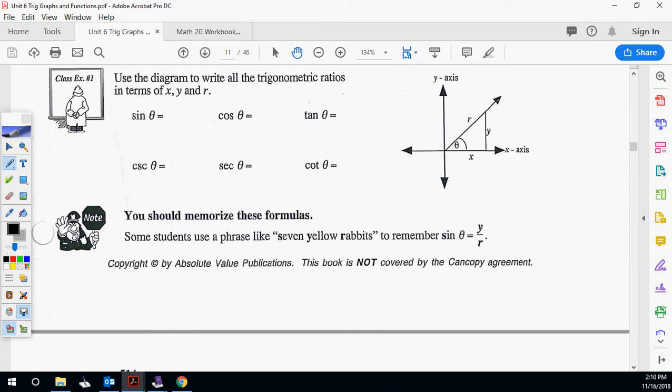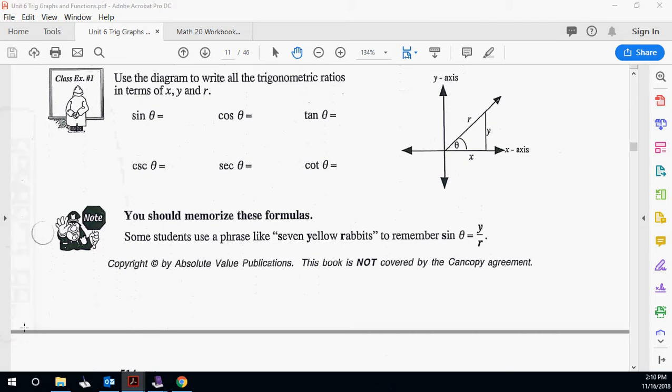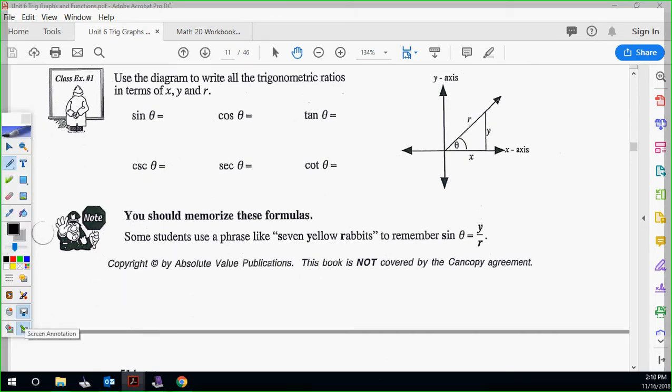Use a diagram to write all the trig ratios. So we're just writing the ratios in terms of x, y, and r. Sine from this little picture here is opposite, which is y, over r. So then cosecant is r over y. Cosine is x over r, and secant is r over x.